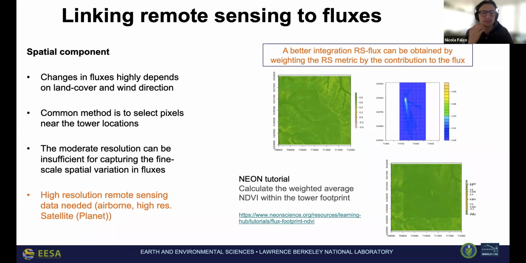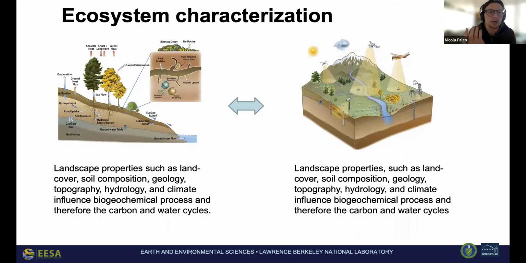For example, land cover maps are one product that people start to use to see what is the spatial heterogeneity, how different land cover contributes to the total flux, and so on, right? So ecosystem characterization, right? Landscape properties such as land cover, soil composition, geology, topography, hydrology, and climate influence biogeochemical processes, and therefore the carbon and water cycles, right?